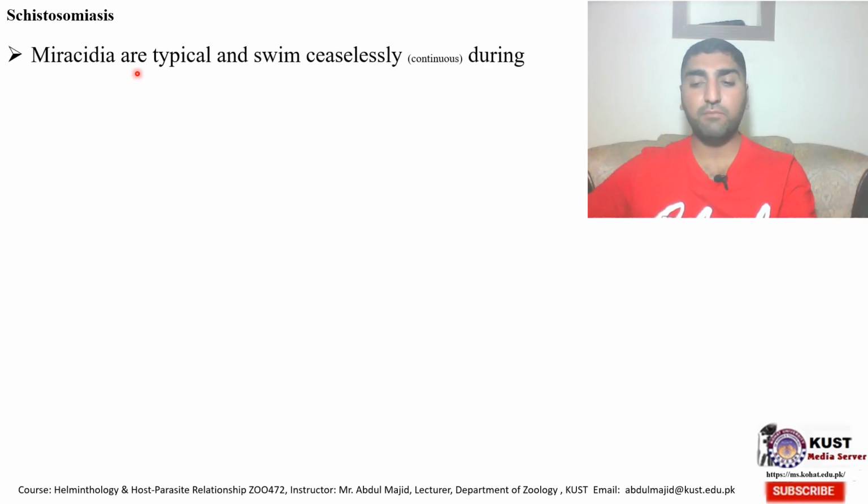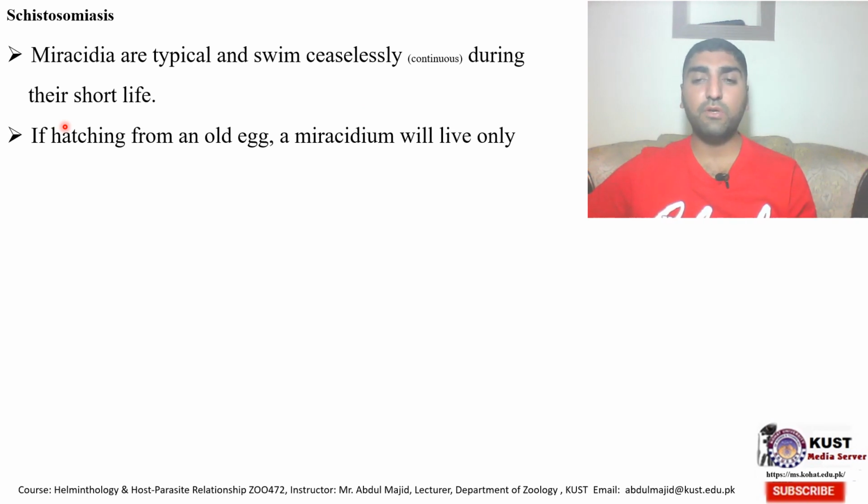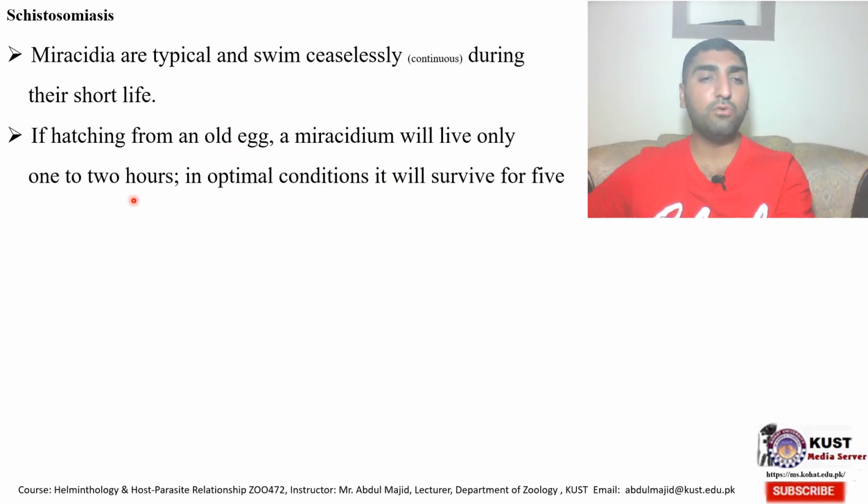Miracidia are typically swimming continuously during their short life. Because they have a very short life, they have to enter the next host quickly. If hatching from an old egg, a miracidium will live only 1 to 2 hours, and in optimal conditions it will survive for 5 to 6 hours.